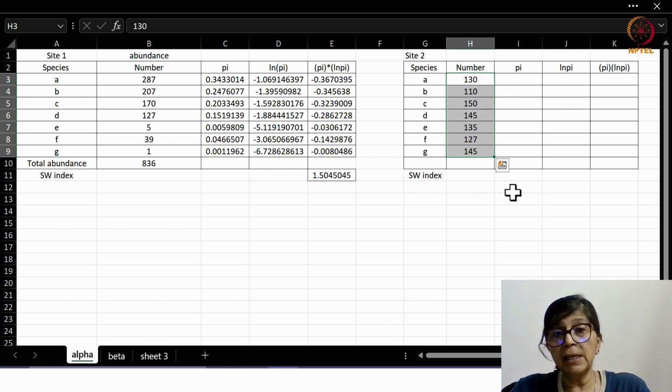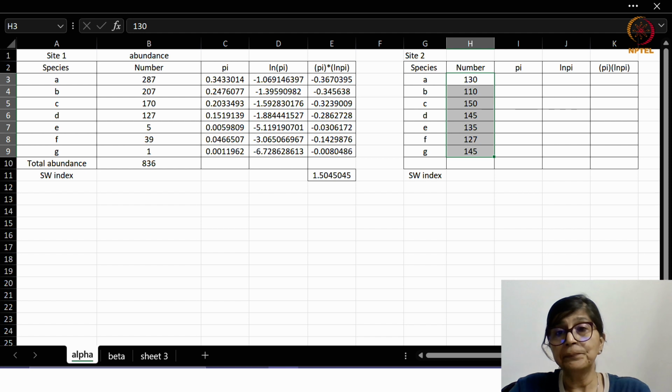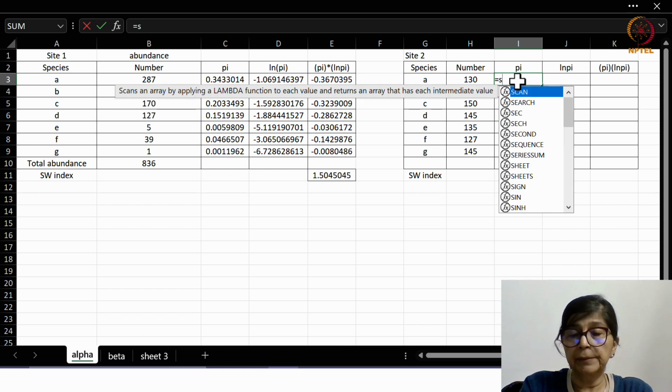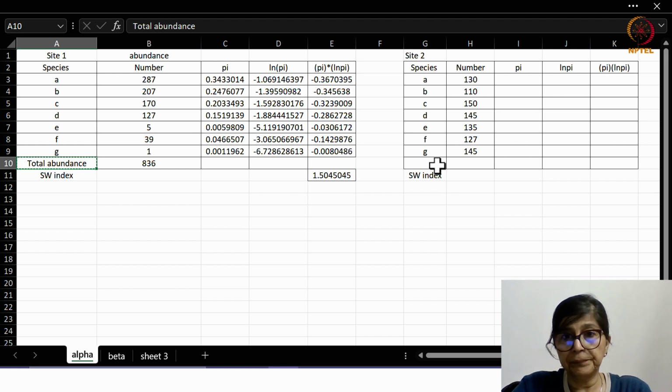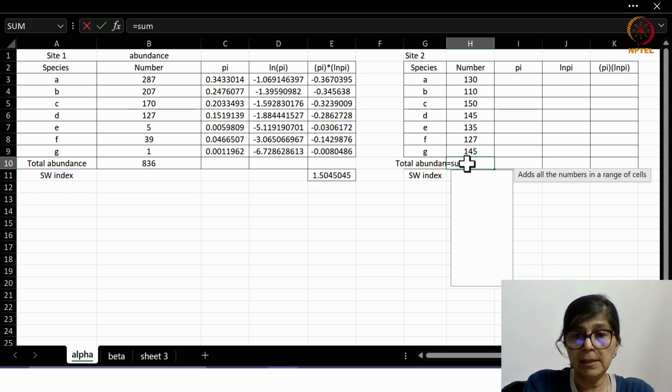So now let's see whether with higher evenness in site C, whether we are finding the diversity is high or not. Okay. So we will do the same exercise here. Equals, sorry, not here. First we will get total abundance, right? And then you will get equals sum.